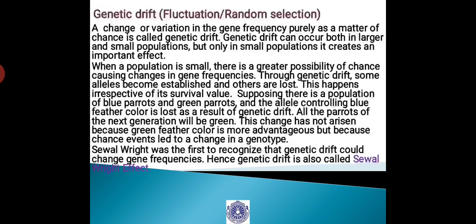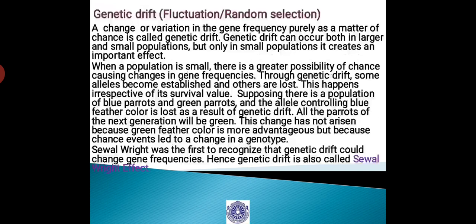Whereas, unlike in natural selection, in random selection, or what is called as genetic drift, it operates in a small sized population, and it selects the individual at random, whether it is useful or useless, or whether it is harmful or harmless. So it selects the individuals at random, hence it is also called random selection.